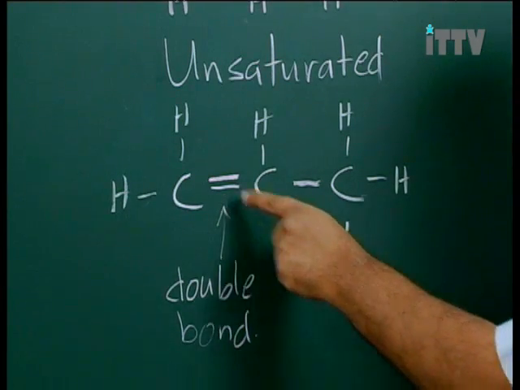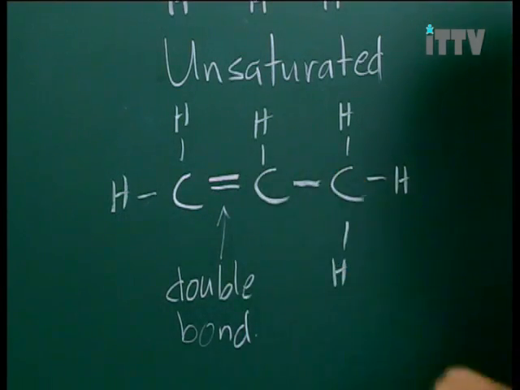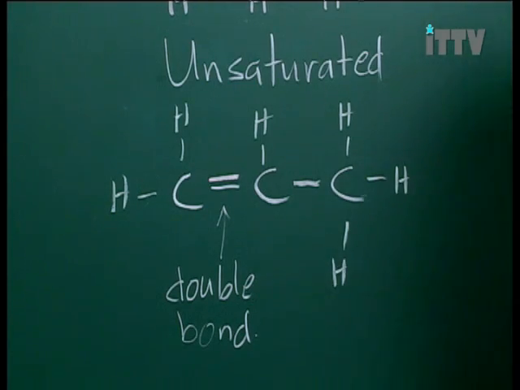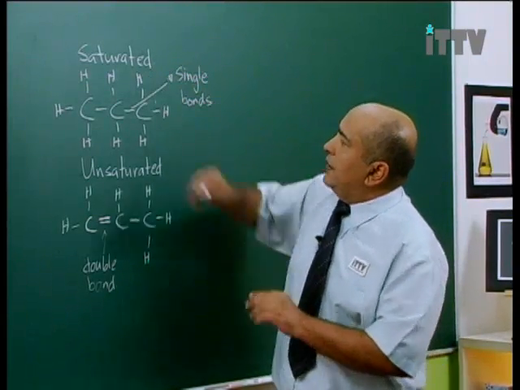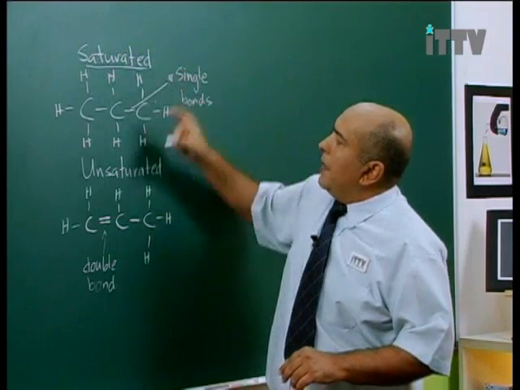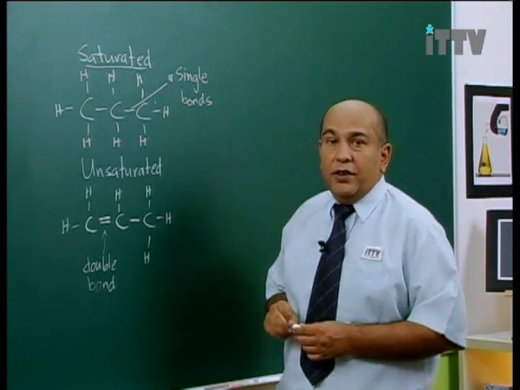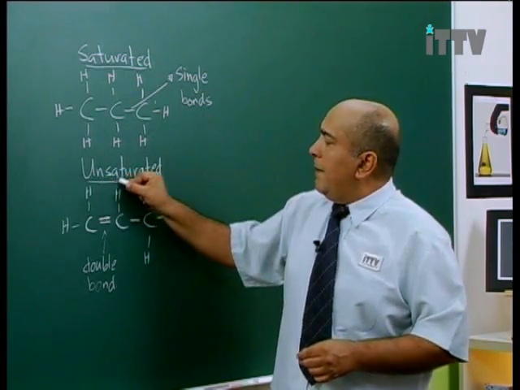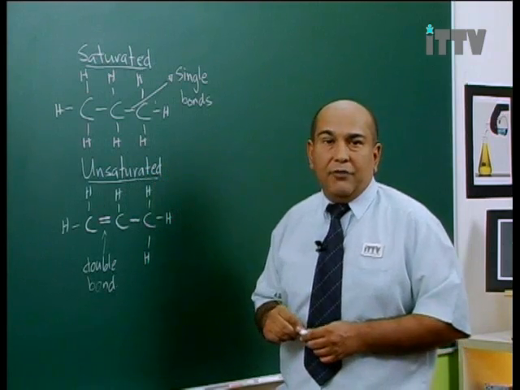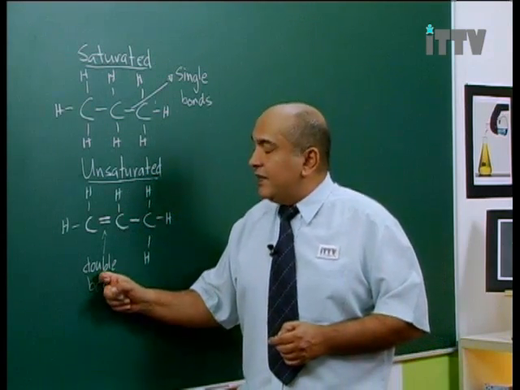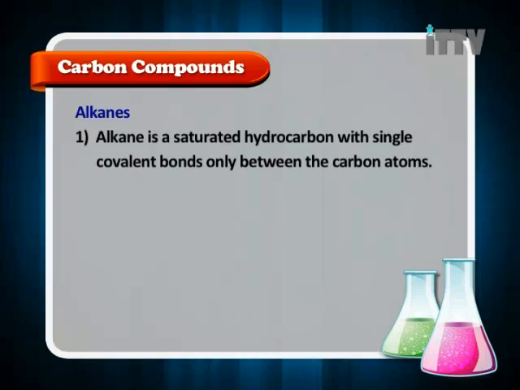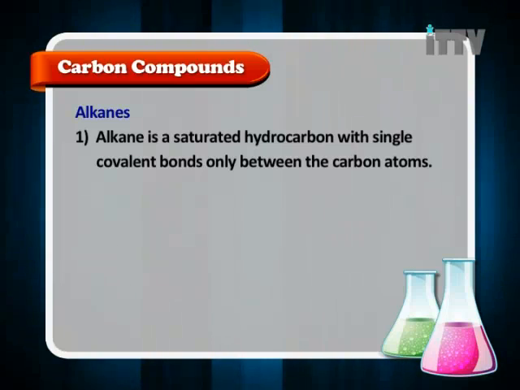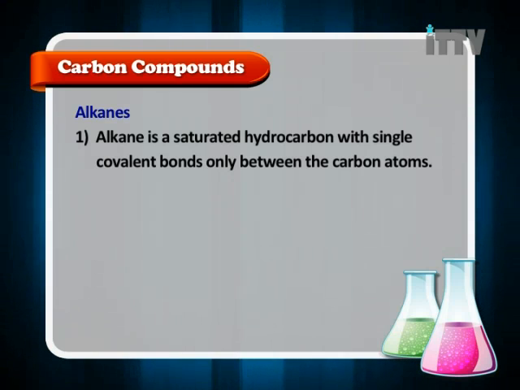This carbon here has 1, 2, 3, 4 bonds, and the last carbon also 4 bonds. So this is what we call a saturated hydrocarbon, only single bonds, and this is an unsaturated hydrocarbon which has at least one double bond or a triple bond. Alkane is a saturated hydrocarbon with single covalent bonds only between the carbon atoms.